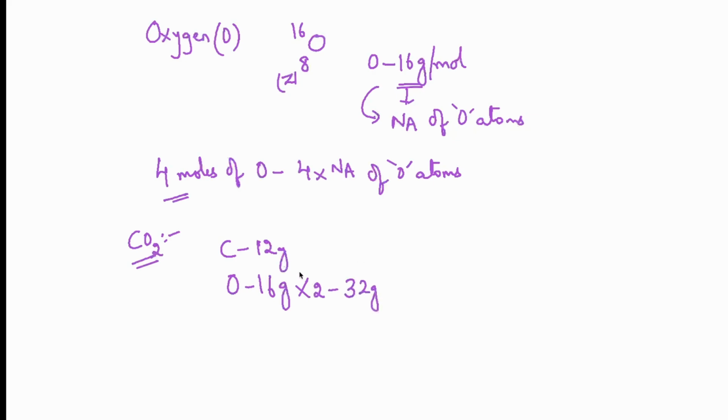So if we add both carbon and oxygen, we would get 44 grams. This is the molar mass of carbon dioxide. So if you were to weigh 44 grams of carbon dioxide on a weighing scale, then that would have Avogadro number of carbon dioxide molecules, because 44 grams is the molar mass of carbon dioxide.